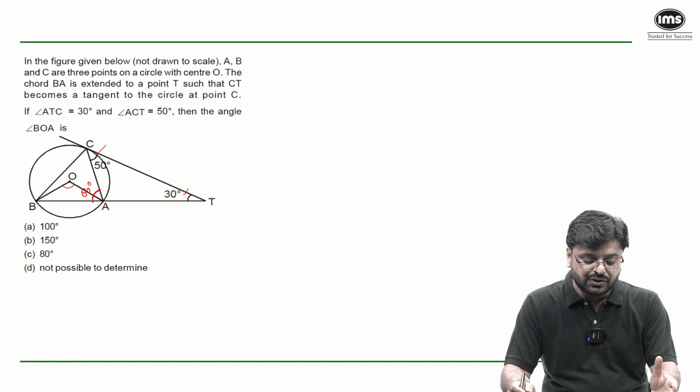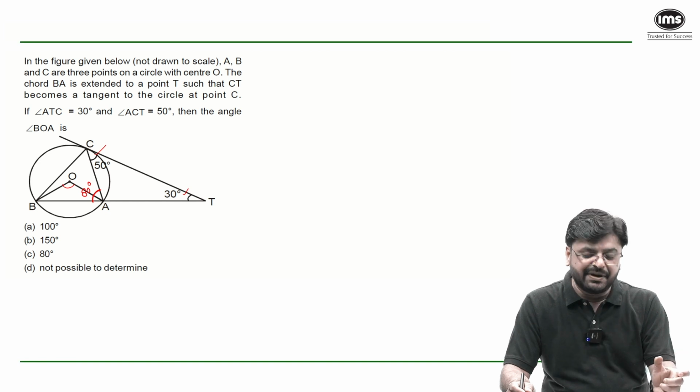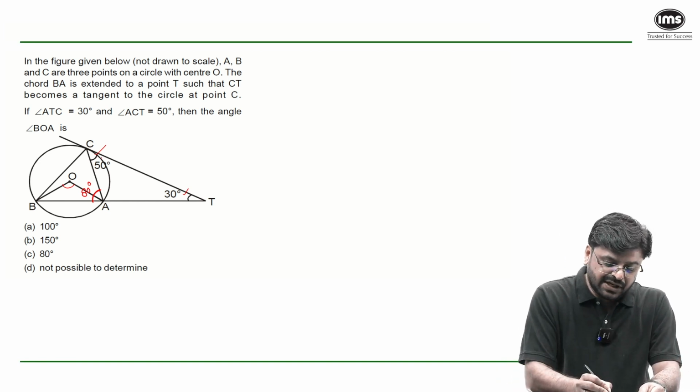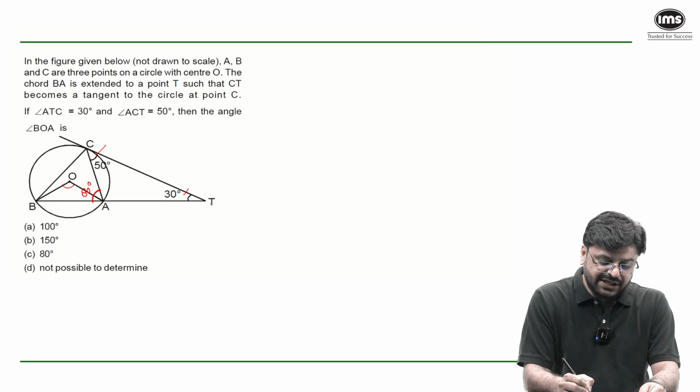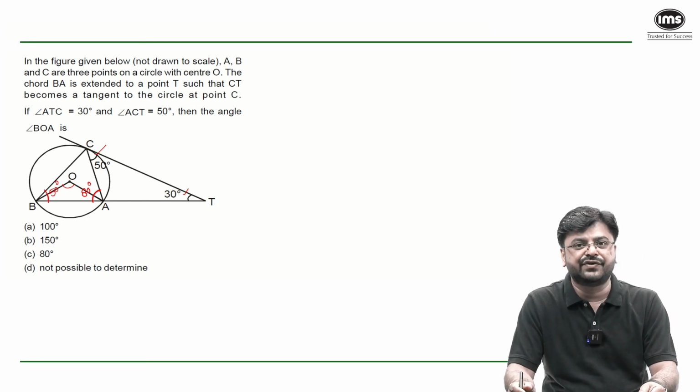Second, we also know the angle made by a tangent and a chord is equal to the angle made by the same chord in the alternate segment of the circle. So, angle TCA is equal to angle ABC, alternate segment theorem. So, this is 50 degree.